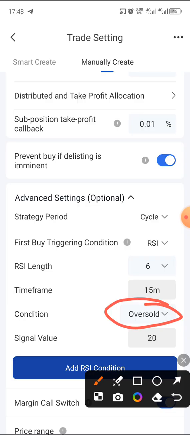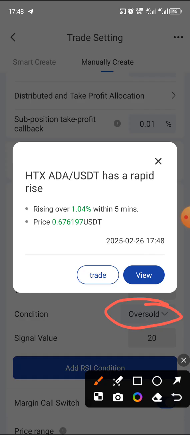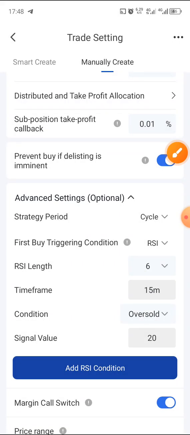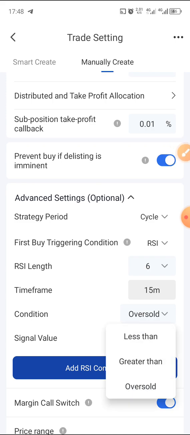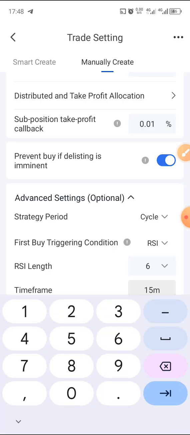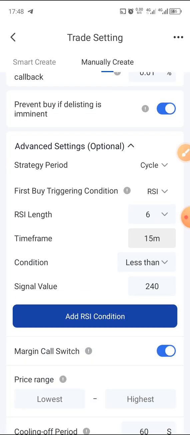Is it when the RSI of 6 is in the oversold area, 20 and below? I told you anything below 40 is good. So come on, touch on the oversold, then select less than and edit this 20 to 40, less than 40.